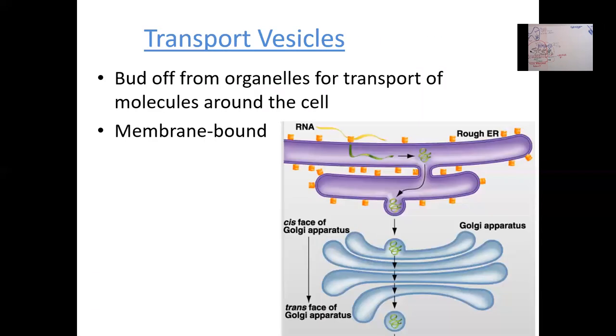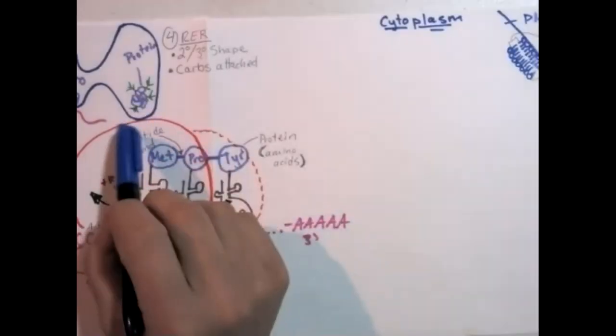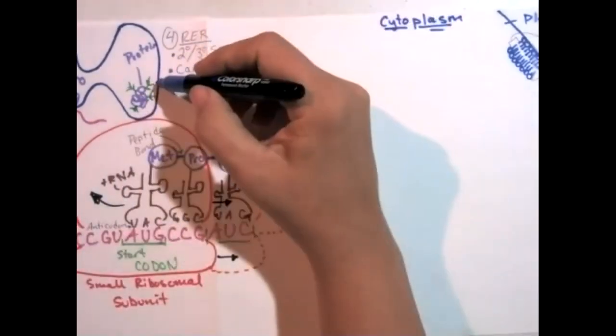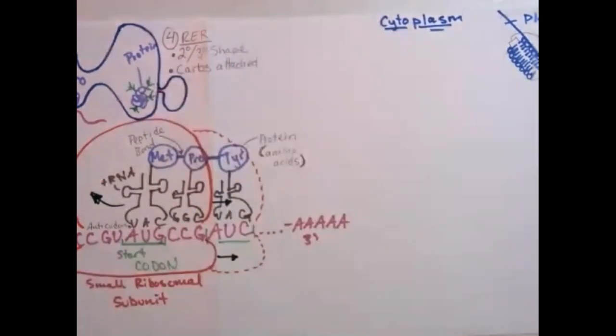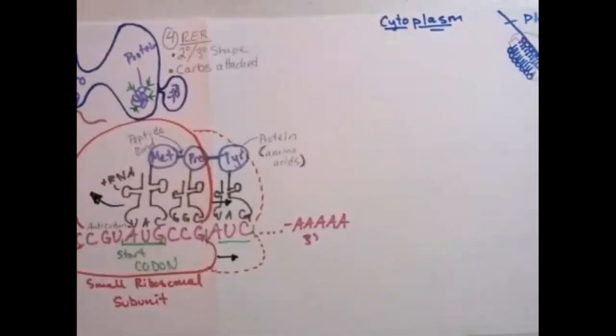Okay. So let's add the transport vesicle here. The protein is pushed against the side of the RER, forming a little vesicle. So here is our protein.